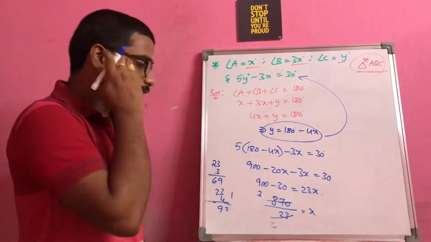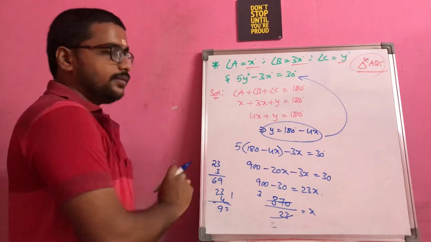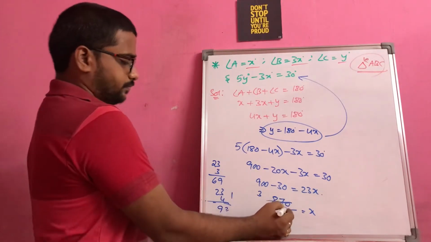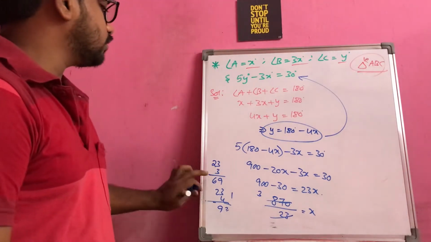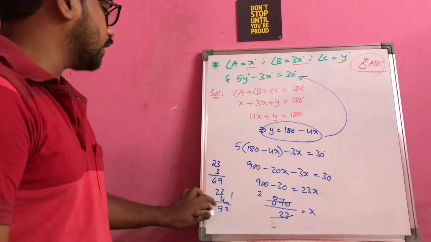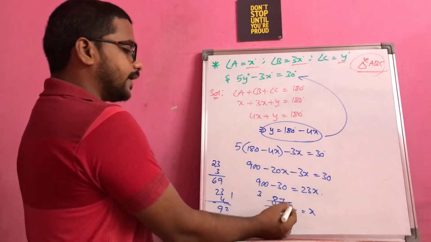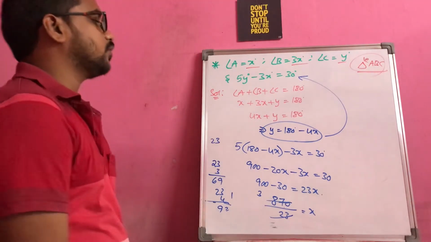So 69 means the balance will be 18. Correct? So 180 means 23 into 3, 3 3s are 9, 3 2s are 6, and 23 into 4 is 92. So 180 degree in the 23 table we have to cross check.